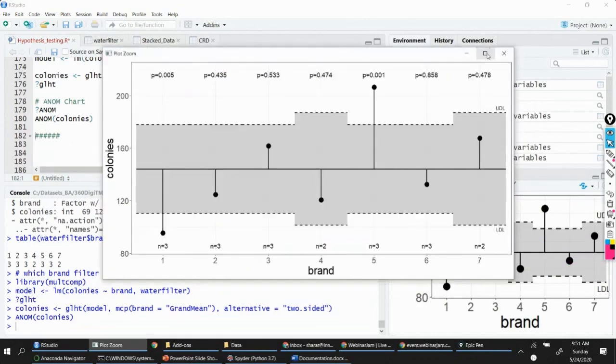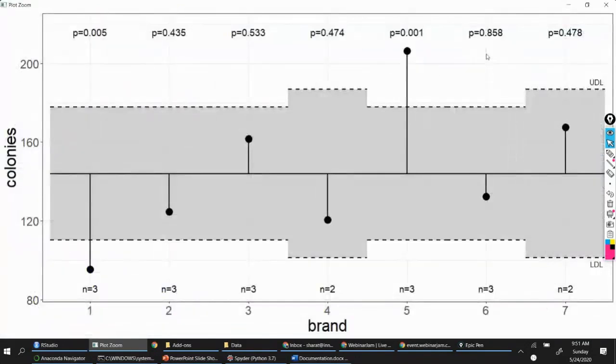Look at this. ANOM gives you these decision charts, and it fixes the upper decision limit and lower decision limit. These are your significance values, upper and lower.